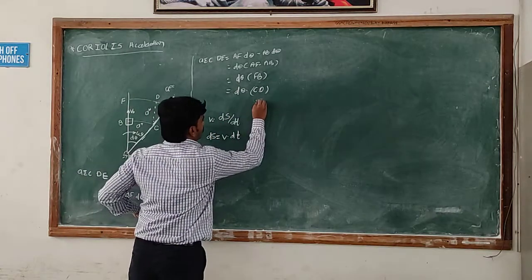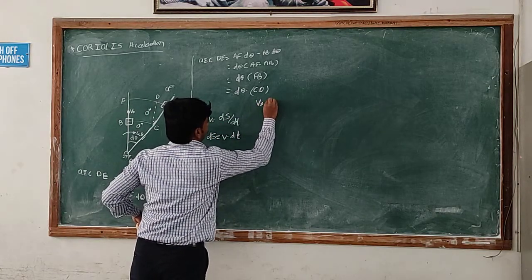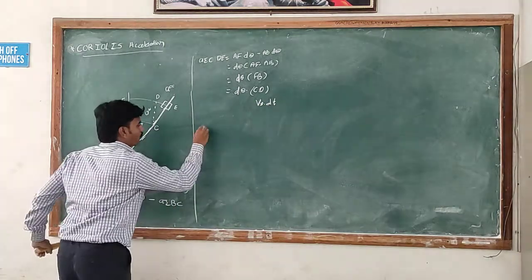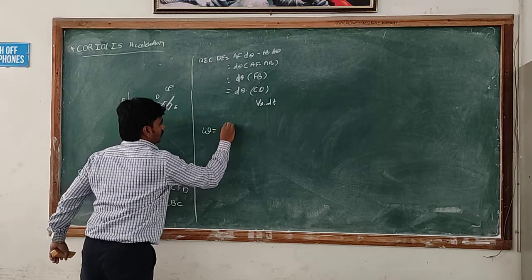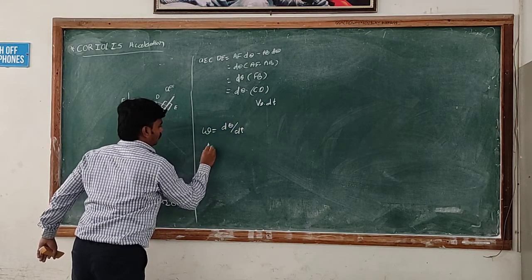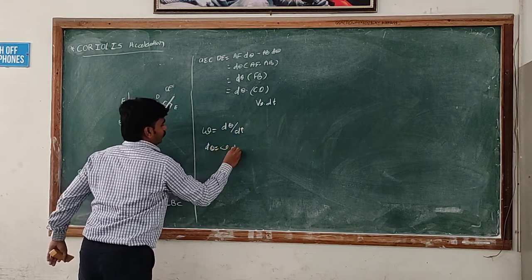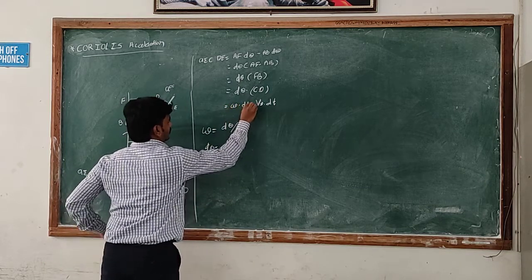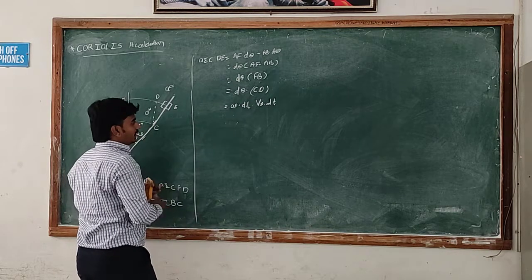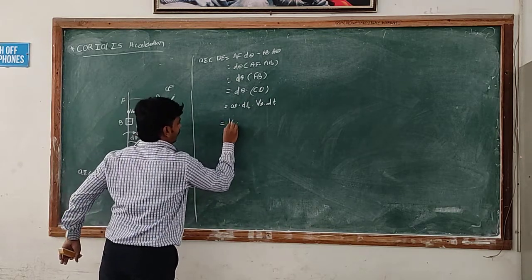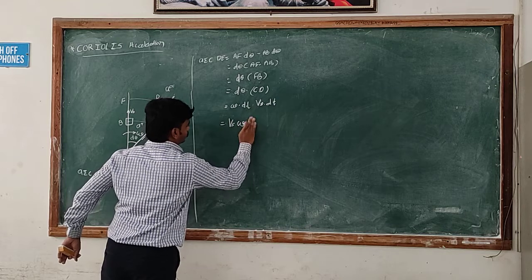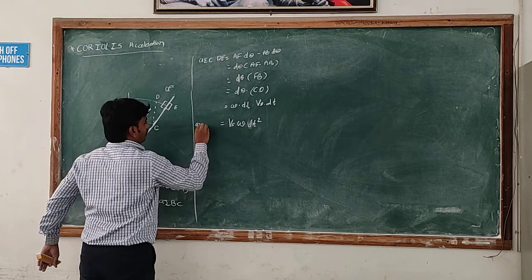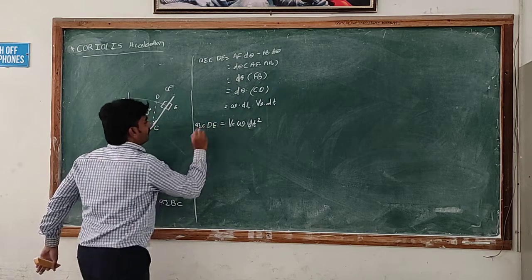And since angular velocity is d theta by dt, d theta is equal to omega into dt. Putting this in, DE is equal to Vs into omega into dt square.